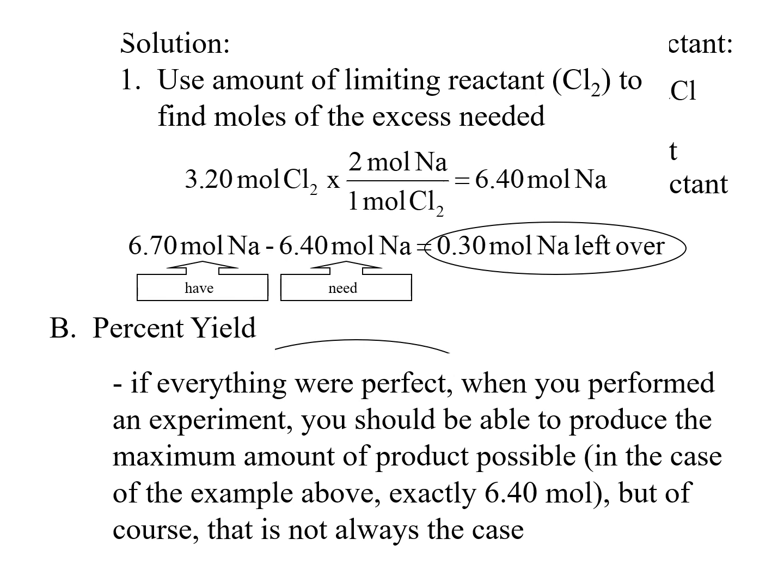So if it says 2 moles of Na plus 1 mole of Cl2 makes 2 moles of NaCl, and I take exactly 2 moles of Na and exactly 1 mole of Cl2 and mix them together, then according to that balanced equation, I should make exactly 2 moles of NaCl when I'm done.